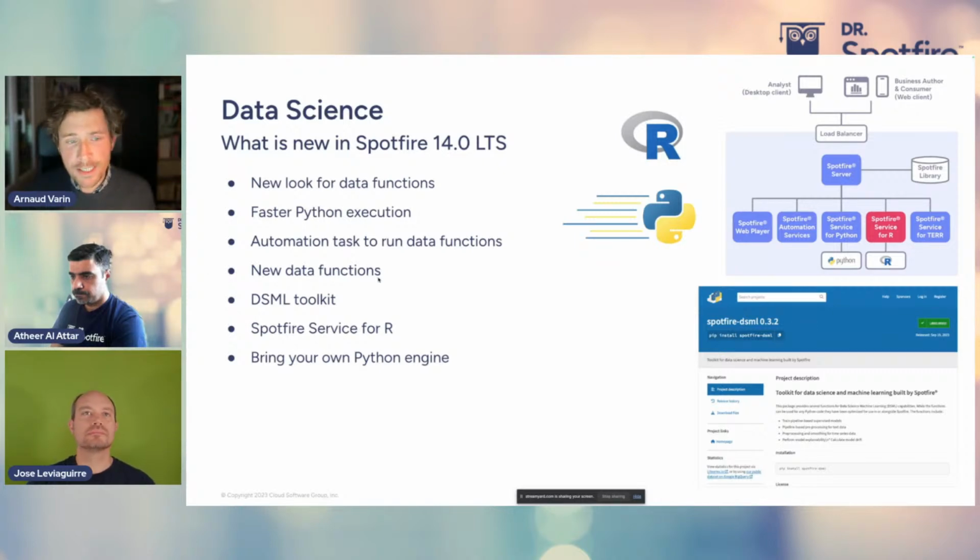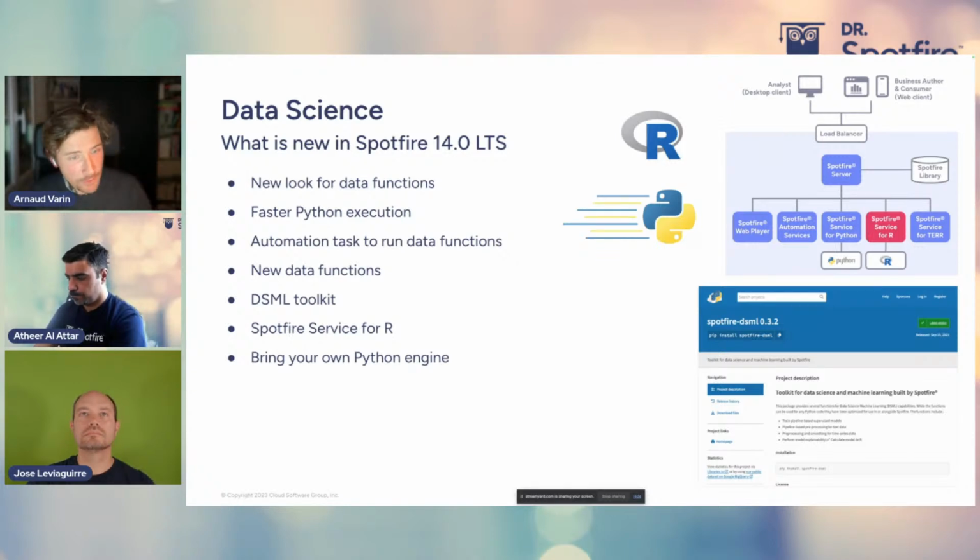I mentioned new data functions. We mentioned the DSML toolkit. One important point is this new Spotfire service for R that we released with Spotfire 12.5 earlier this summer, available in Spotfire 14 LTS. Spotfire service for R comes in addition to the Spotfire service for Python that we already have, and in addition to the Spotfire service for TERR that we also have.